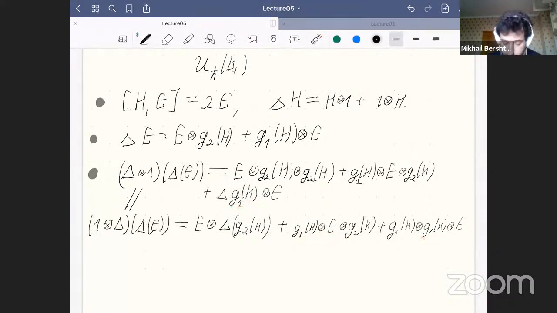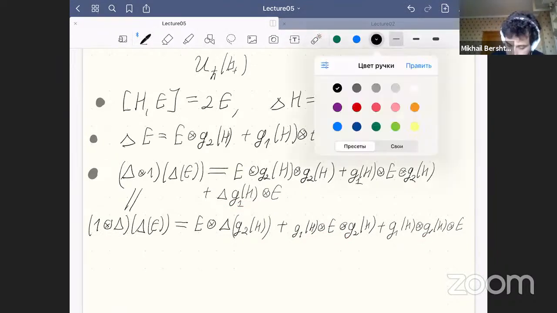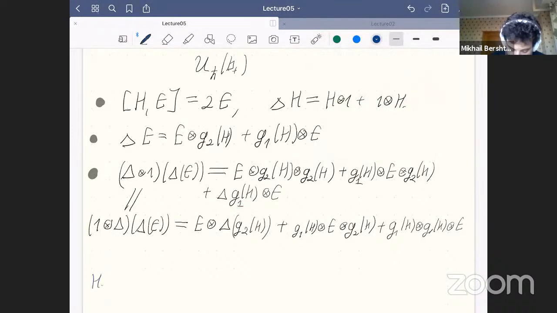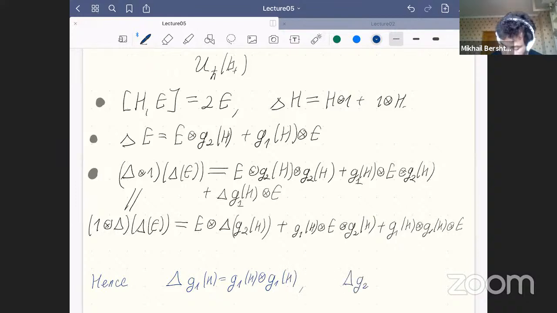So we came to the fact that delta of G1 of H is equal to G1 of H tensor G1 of H. And the same for G2: delta of G2 of H is equal to G2 of H tensor G2 of H.